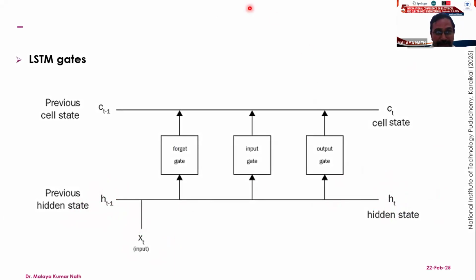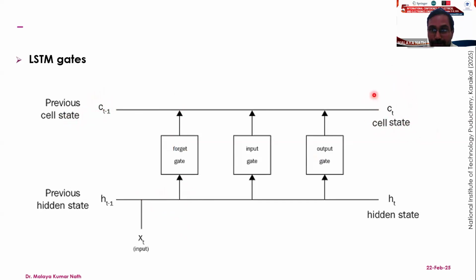A simple LSTM consists of the forget gate, input gate, and output gate. Now what is this forget gate connected to? The forget gate is connected to x of t, and the output is connected to the state, that is c of t minus 1, the previous cell state, and the cell state of the next time step.